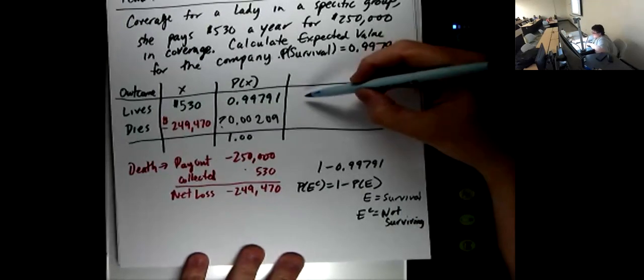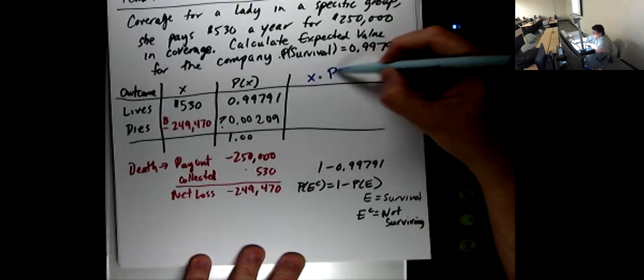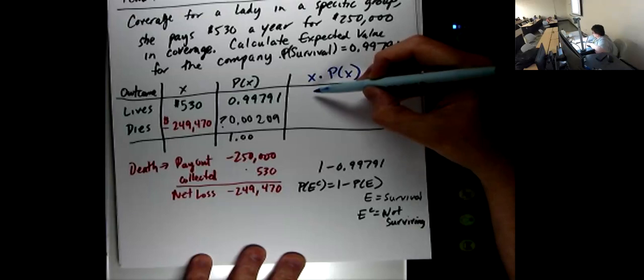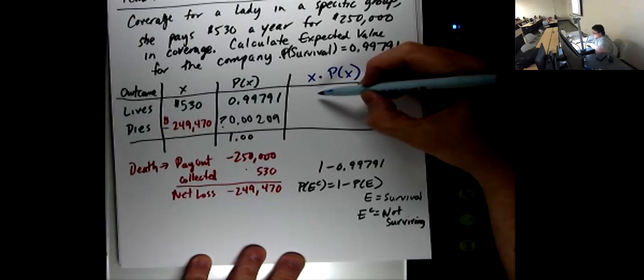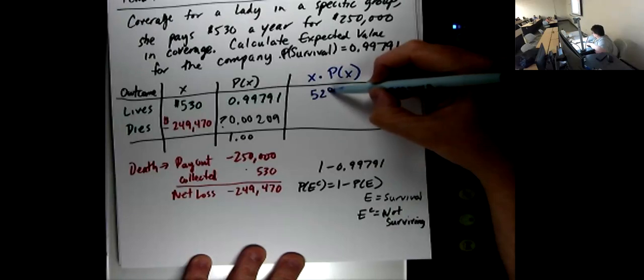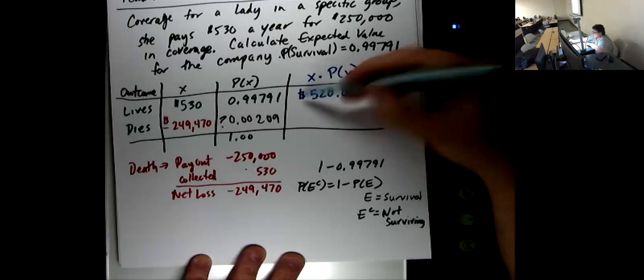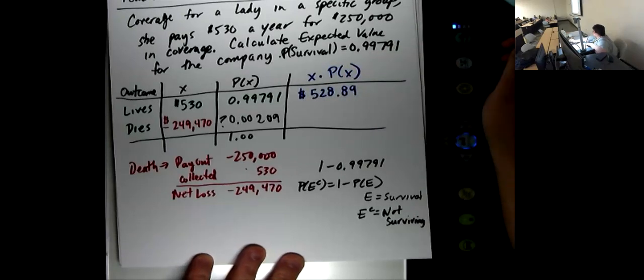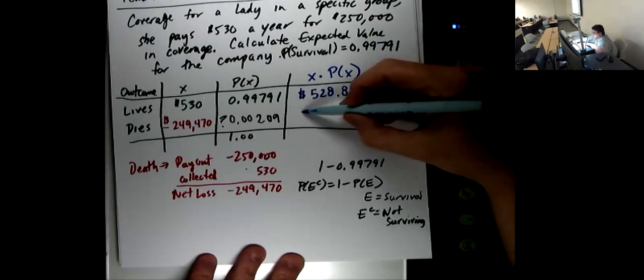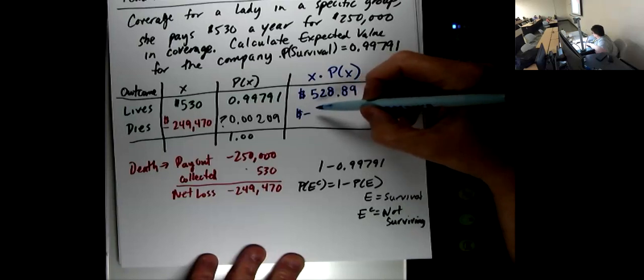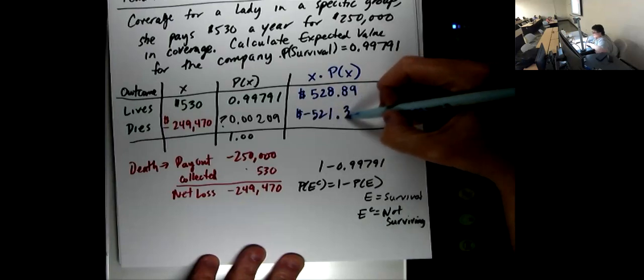If I multiply this over, x times p of x, 530 times that is $528.89. Since we're talking money, we're just going to do two decimal places. If you multiply out dying, you get negative $521.39.